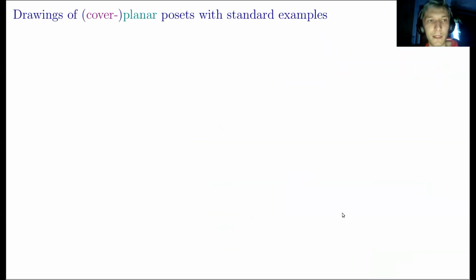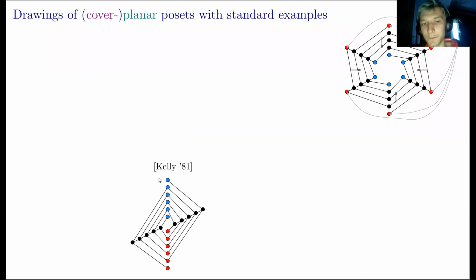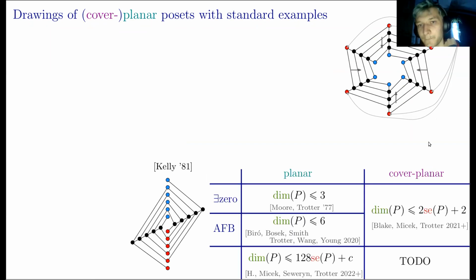And this problem is about drawings of cover planar or planar posets with standard examples. We know these two. This is Kelly, this is the wheel, and they are cover planar with large standard examples. But are they optimal?